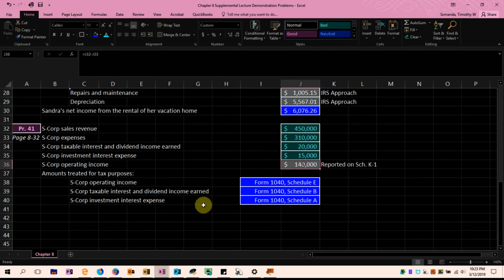And that amount, the 140, does get reported on Form 1040 of the stockholder on Schedule E, as we said earlier.